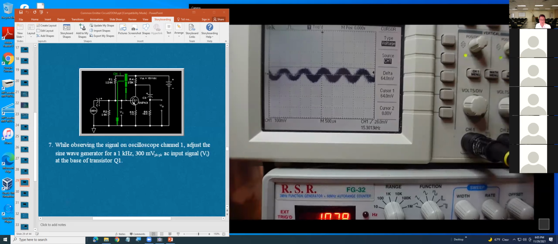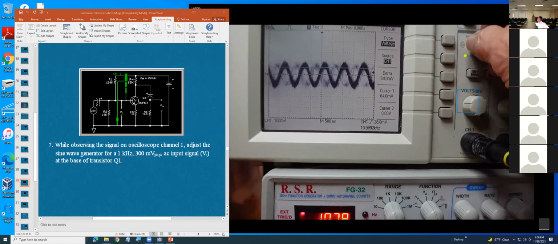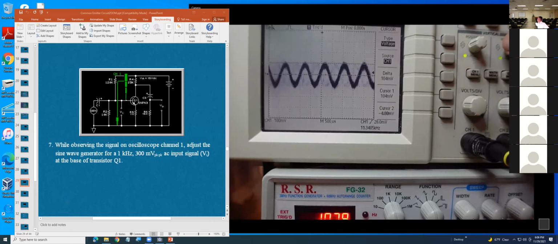Okay, however, you want what? You want 100 millivolt, so now you increase the generator voltage. If you want 50 millivolt, you also have to adjust the generator. So I increase the voltage of the generator here. Then I try using the cursor to measure again on the top and on the valley.